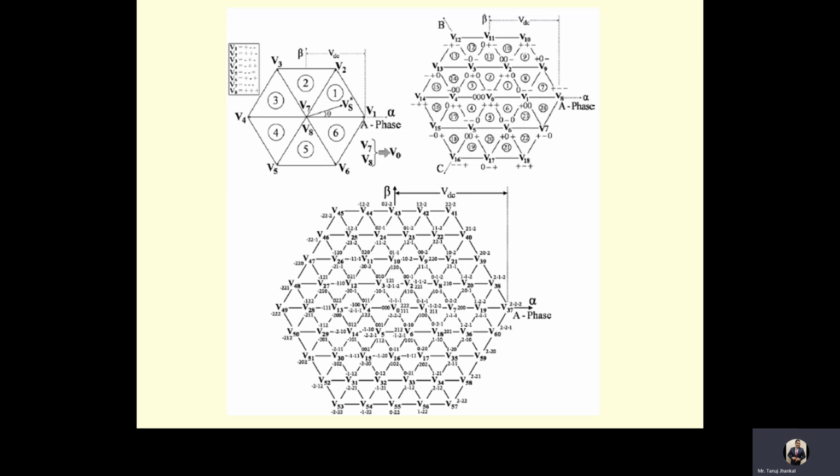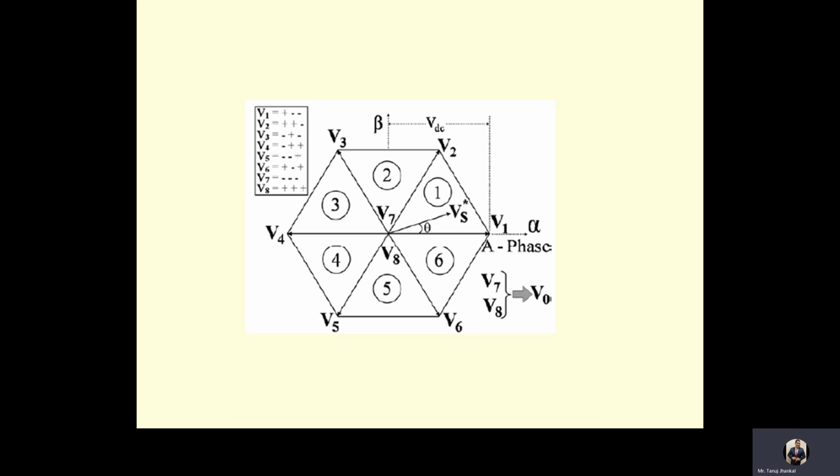In PWM switching, the 3 nearest or adjacent inverter vectors at the edge of the triangular sector in which the tip of the reference voltage vector Vs is lying are selected for inverter switching.